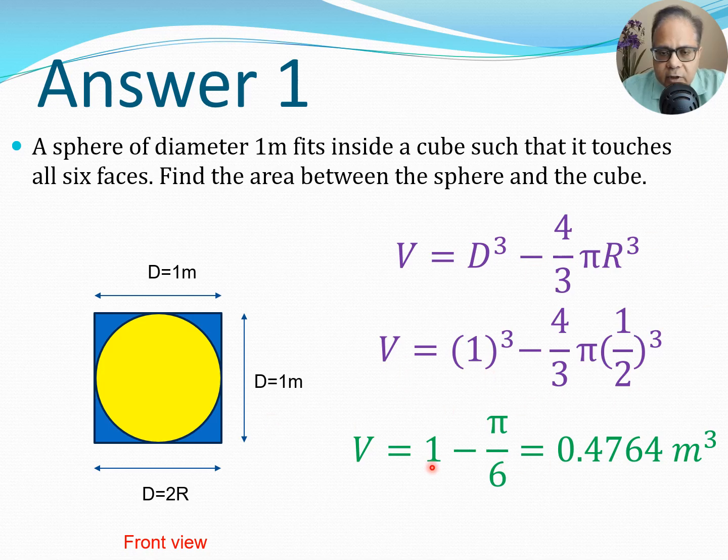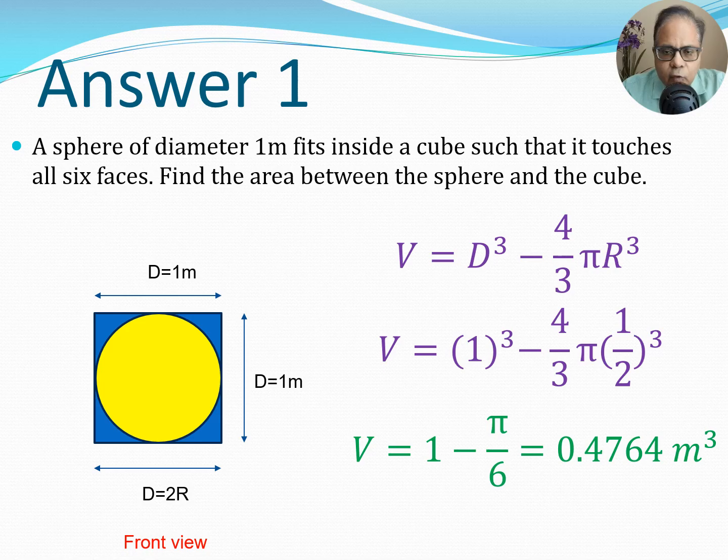So 1 cube simply becomes 1, and 2 cube is 8, so 4 cancels out and we get 3 into 2, that is 6, so 1 minus pi by 6, and you can calculate this to be 0.4764 meter cube. So that's the solution.